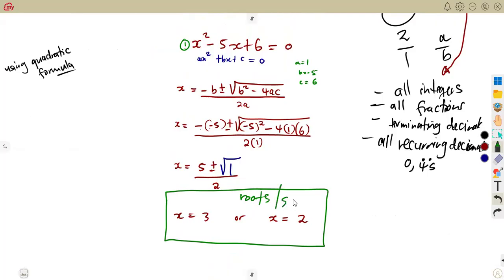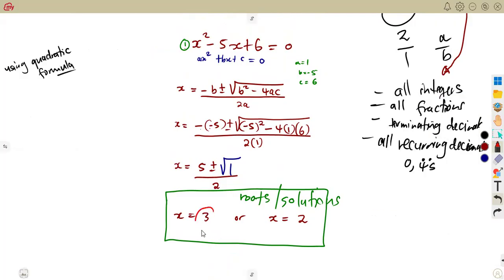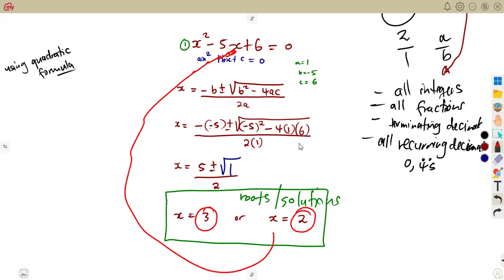You want to tell the examiner what type of number this is, and also what type of number this is, but without solving this equation as we did here.